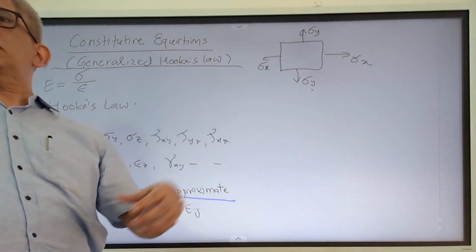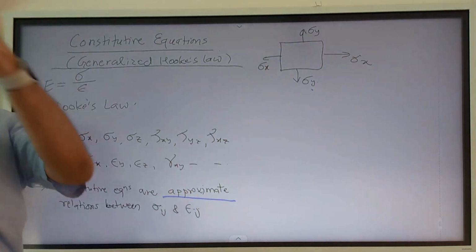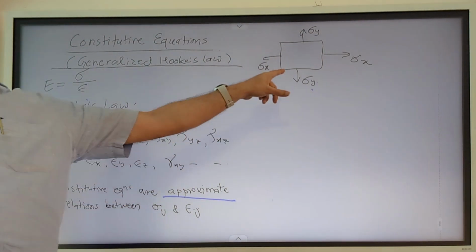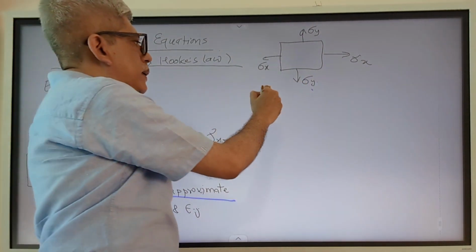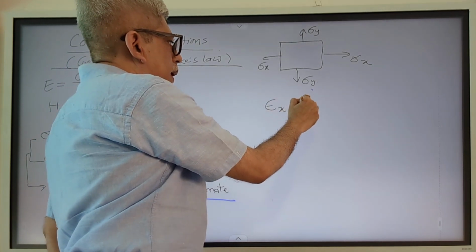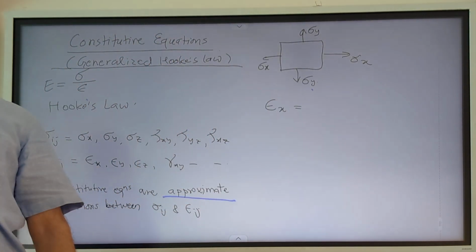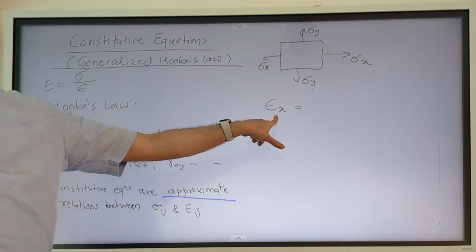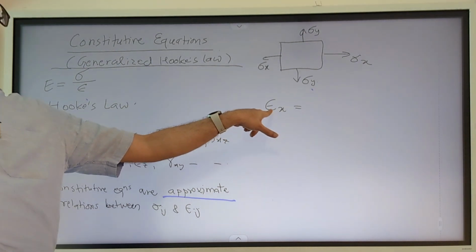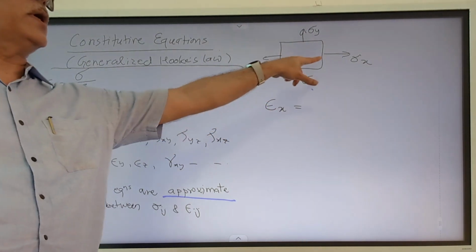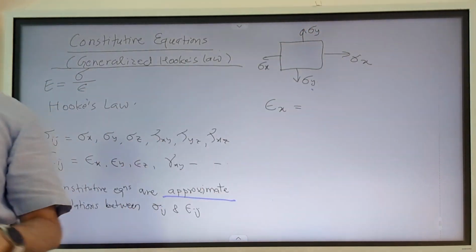Consider a case of a particular bar which is pulled in both directions, and we have to calculate the strain in the x direction. What would be the equation for this strain in the x direction in terms of sigma x and sigma y?